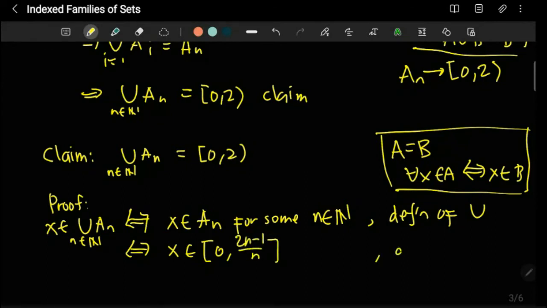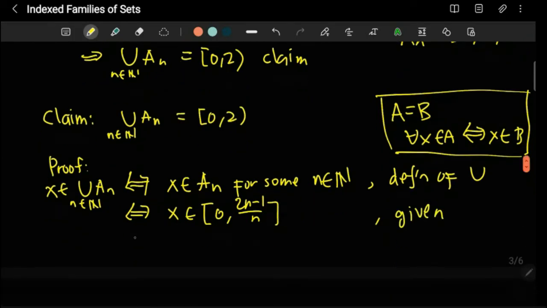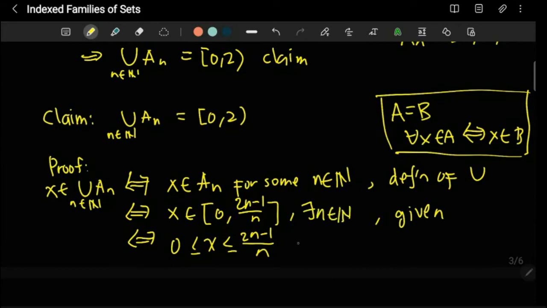That's the given. Right? Okay. So that means, by the definition of interval, x must be between 0 and (2n minus 1) over n, for some n. There exists an n. So this is the definition of interval.